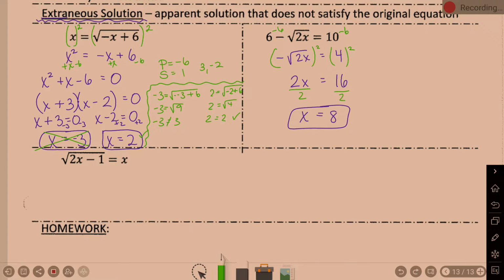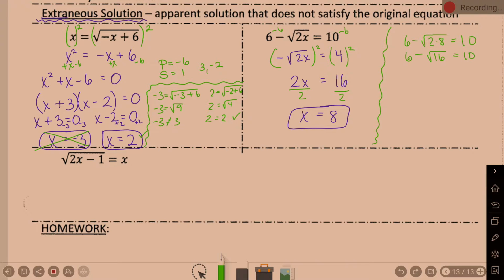Check it. If I check this, 6 minus the square root of 2x, so 2 times 8 equals 16.